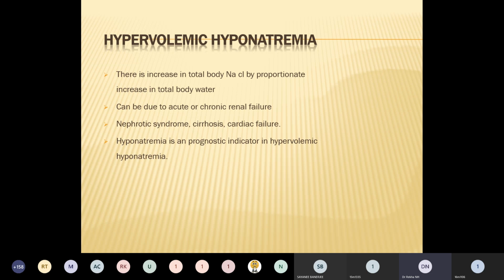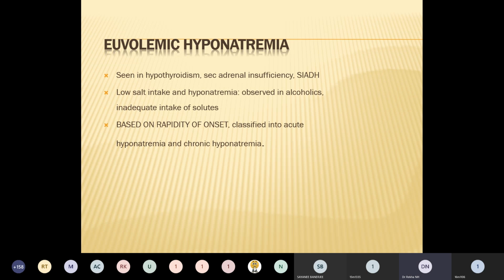In cirrhosis and congestive heart failure, the sodium acts as a prognostic indicator. Euvolemic hyponatremia is usually seen in patients with hypothyroidism, as I have told already, secondary to adrenal insufficiency, and SIADH.